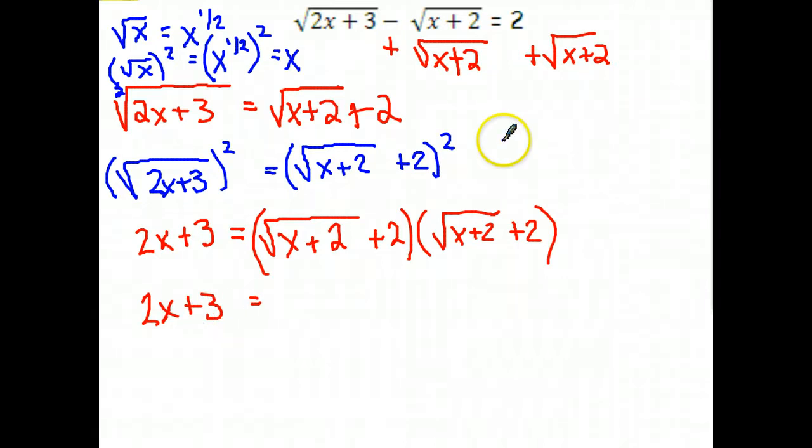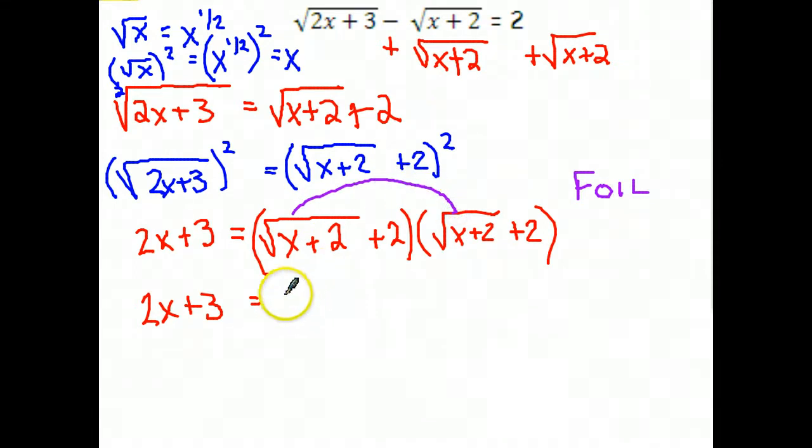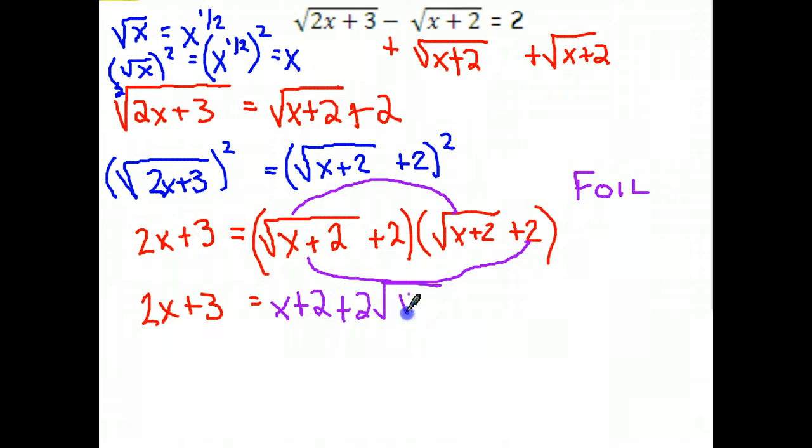FOIL stands for first, outer, inner, last. So first, the radical times the radical. Again, that's the same thing as the radical squared, so you're going to end up with whatever's underneath the radical. Outer, 2 times this radical is just going to give you 2 times the radical. Inner, same thing, 2 times the radical. And then last, 2 times 2.